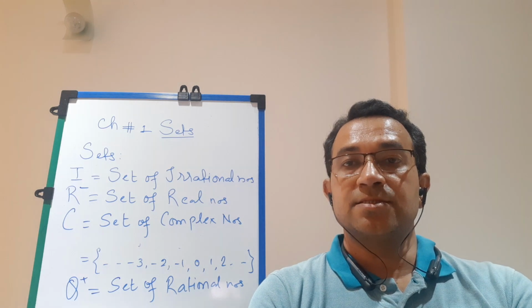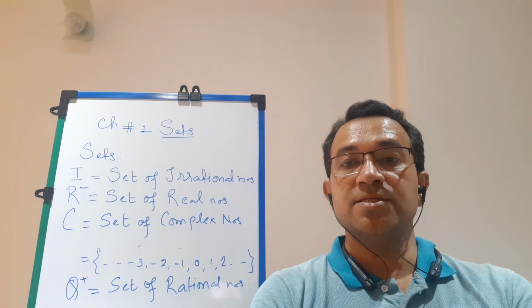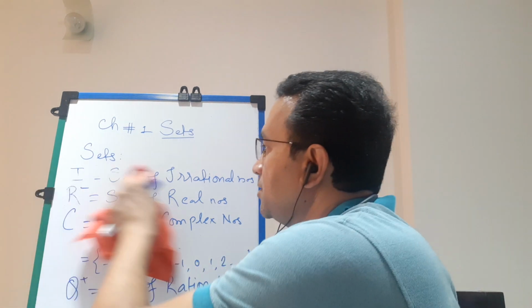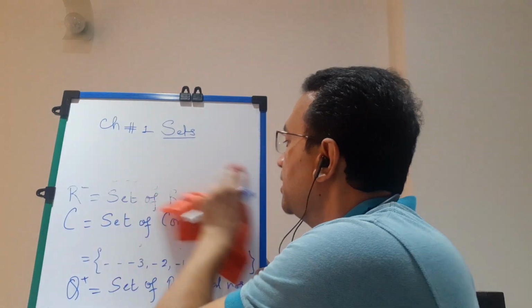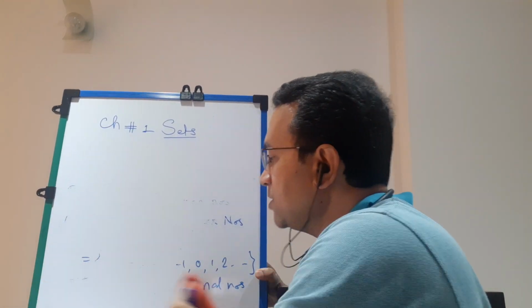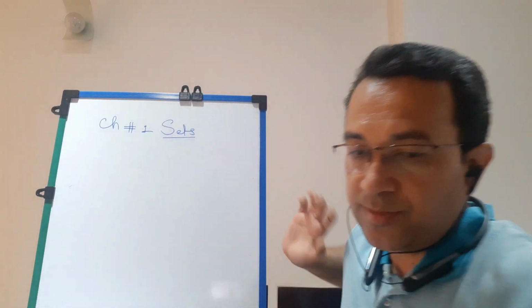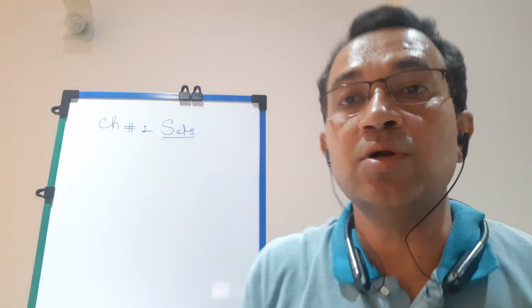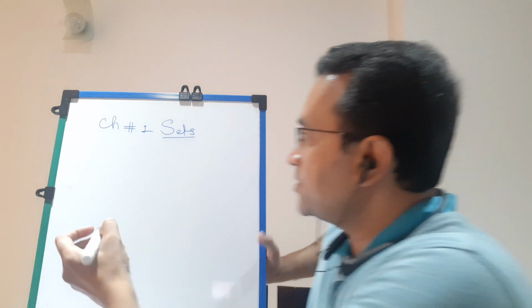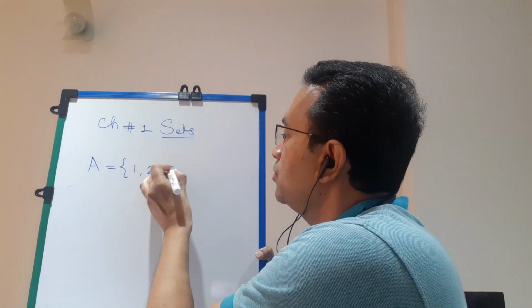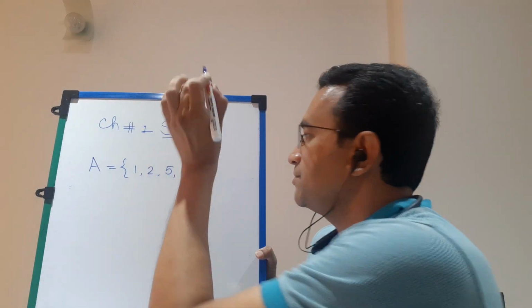Now, after defining a set and studying some sets of numbers, we go further by taking some more concepts of sets. A set is denoted by a capital alphabet. Even Greek letters like alpha, beta, gamma are sometimes used to denote a set. Say I write a set A is equal to {1, 2, 5, 6}.